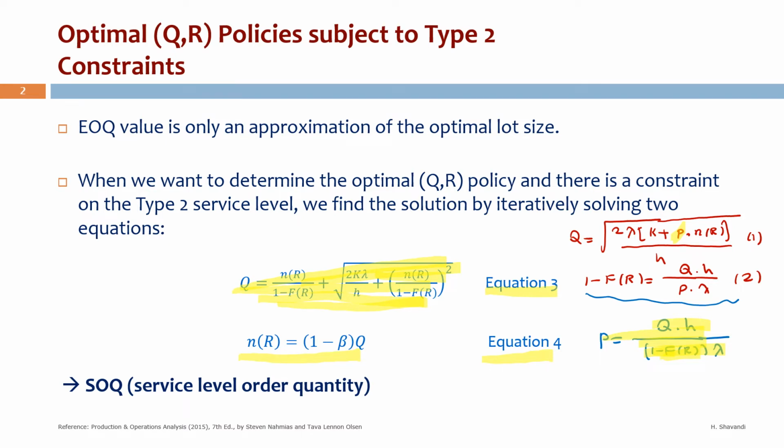We'll have an iterative process here, and by doing that, we can obtain the optimal value for Q and R. This approach is also called SOQ, or service level order quantity.